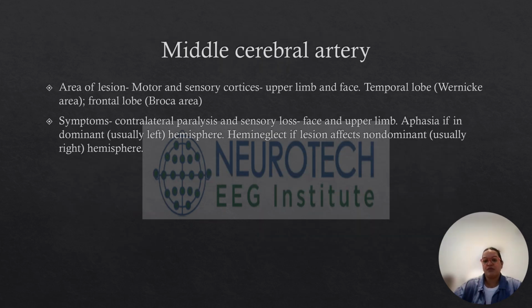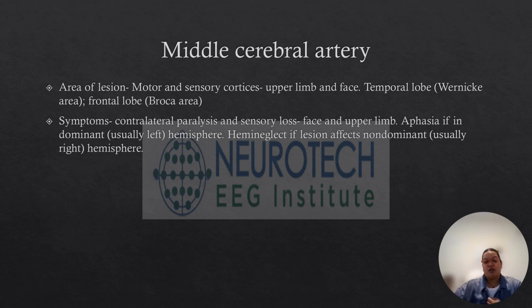So let's see, middle cerebral artery, the area of lesion is going to be motor and sensory cortex. It involves both. So it's going to be upper limb and face that we already said. And if it's in the temporal lobe, it could be Wernicke's area, or frontal lobe, Broca's. So all of these I already mentioned. And the symptoms are going to be contralateral paralysis and sensory loss of the face and upper limb.